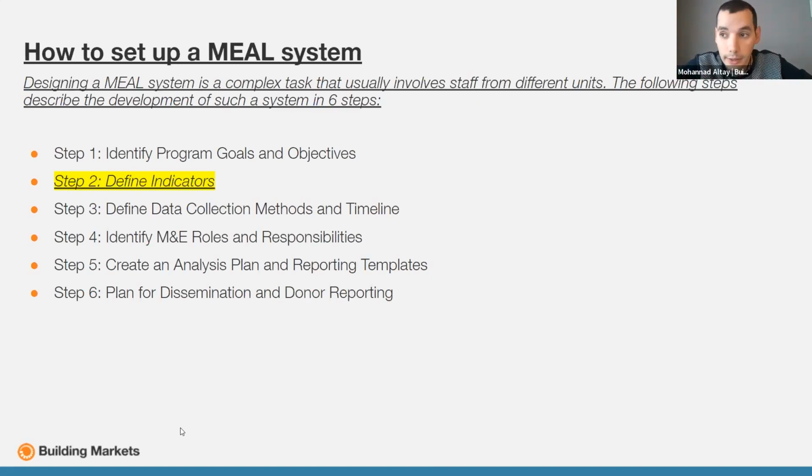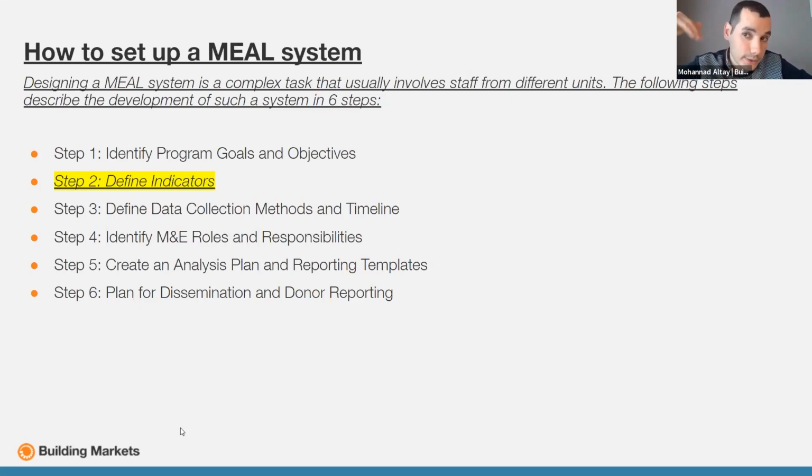Make sure that it is clear to everyone, well defined and clearly understandable. And step number 2 is to define the indicators. Of course, the project all in all has specific indicators and specific outcomes or objectives that we are trying to achieve.